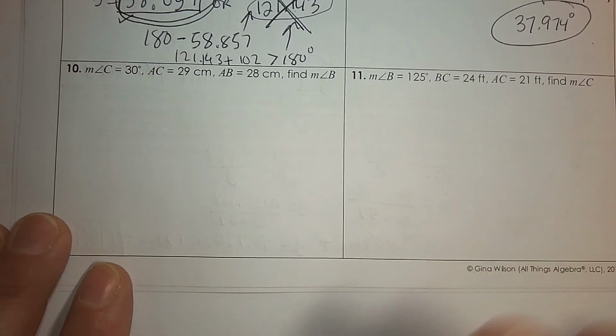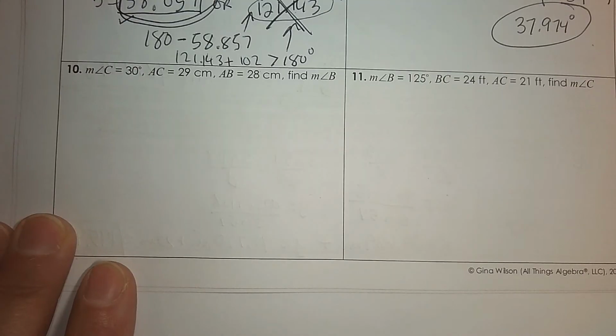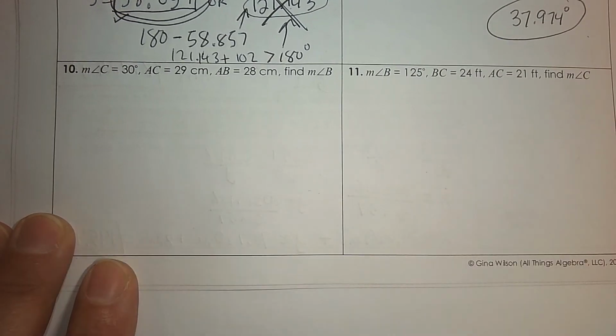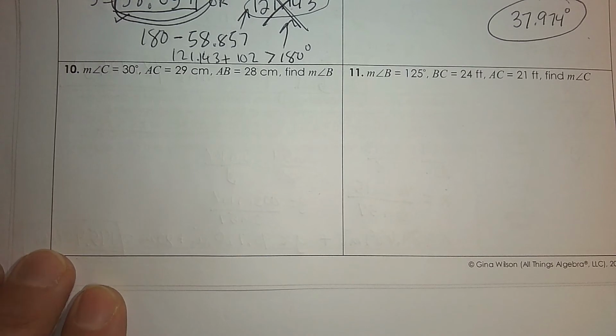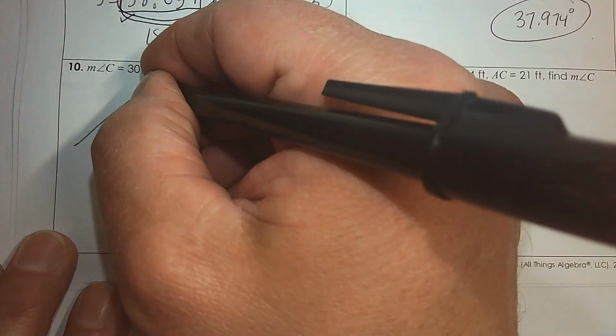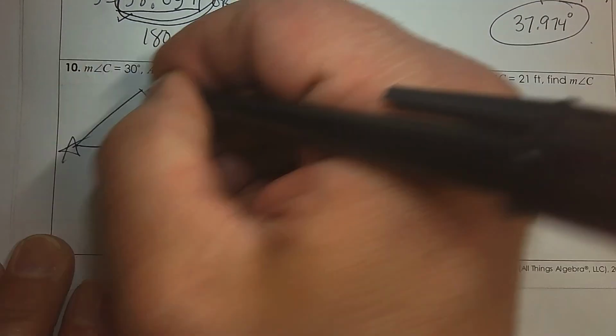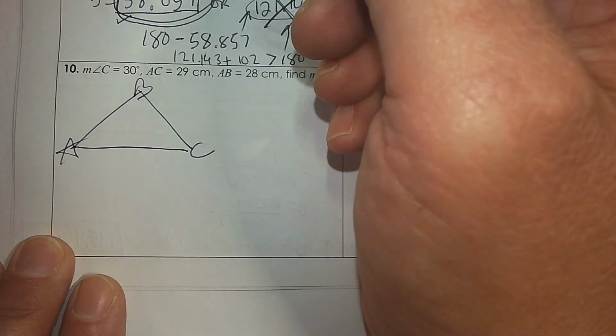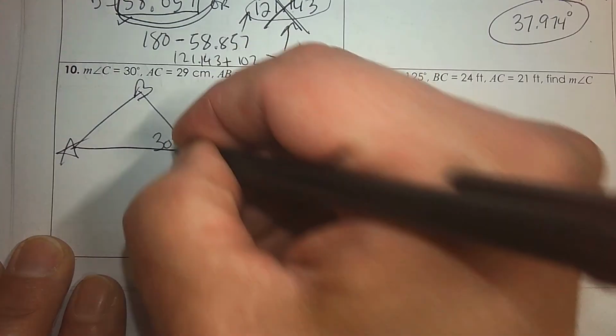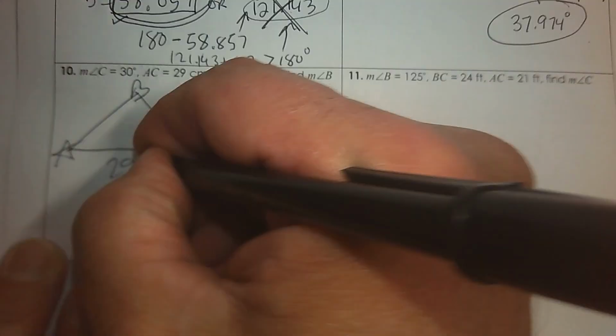So we're going to practice 2 more together, and then I'm going to give you time to do 3 things on your own or in your groups. 10. Draw a triangle ABC. Label it. So angle C is 30, A through C is 29, and A through B is 28. All right.